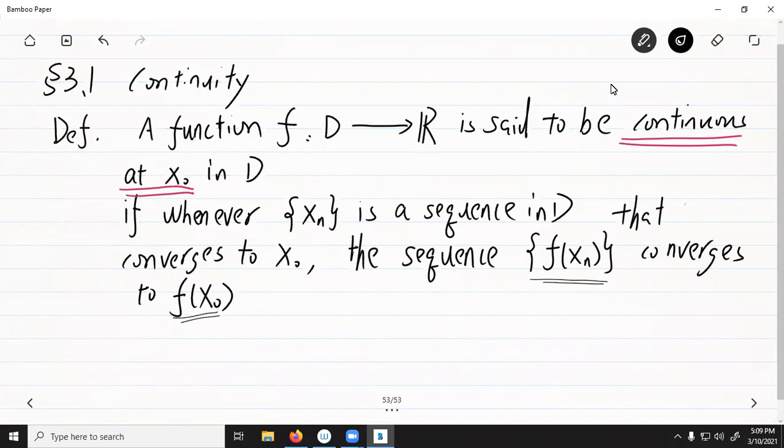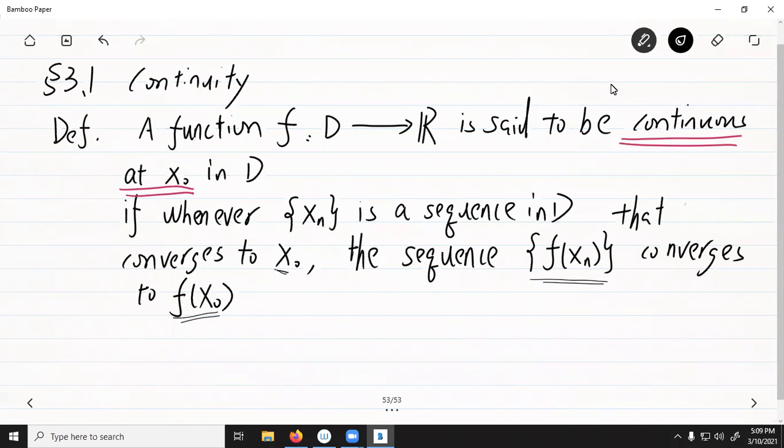One thing you should be careful about is that this sequence xn should be arbitrary. An arbitrary sequence that converges to x naught. You have many sequences, right? If you want to prove some function is continuous, you cannot just give a specific example of xn converging to x naught.